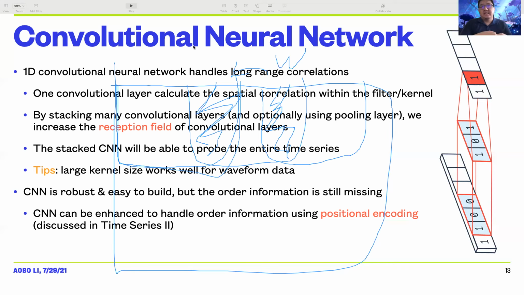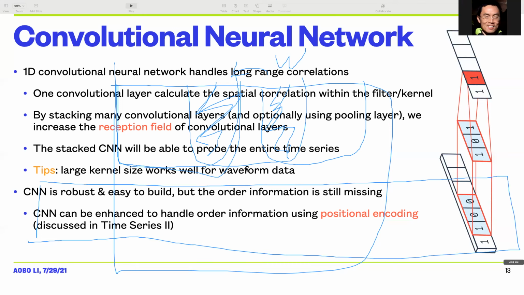Yes, but I think that's not all the order we are talking about. The order we are talking about here is that it knows this is the first, this is the second, this is the third. However, let's say we have a very, very long picture. In that case, our filter only moves this way. We don't have to move downwards.